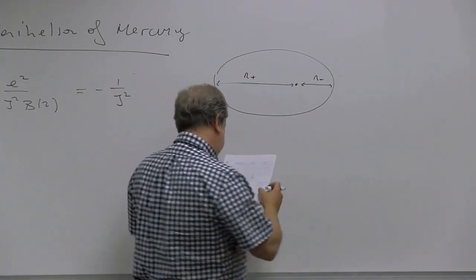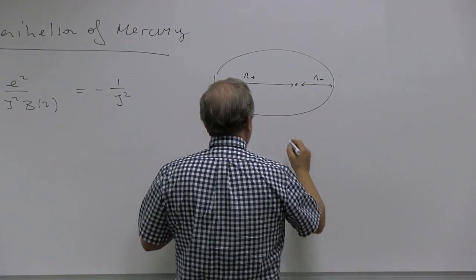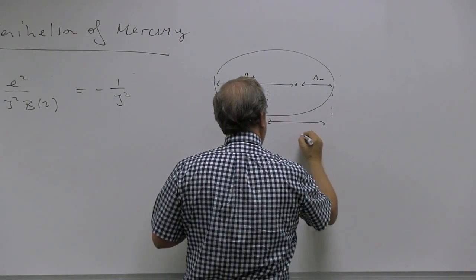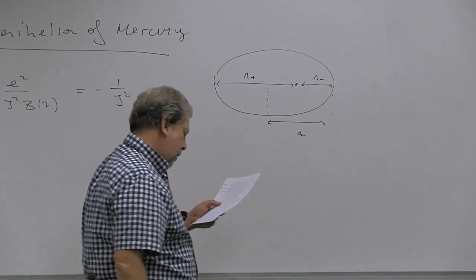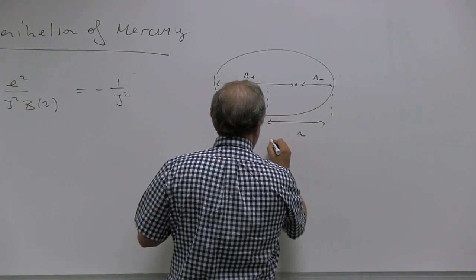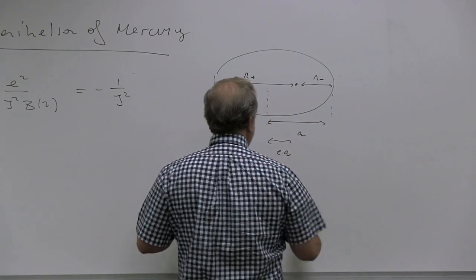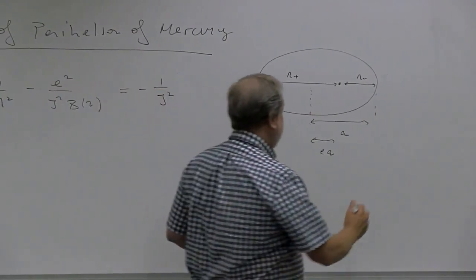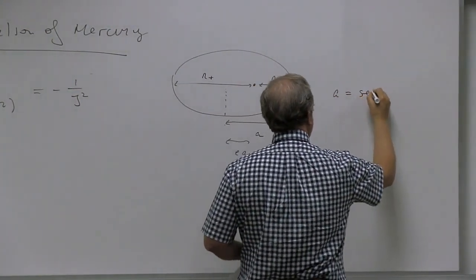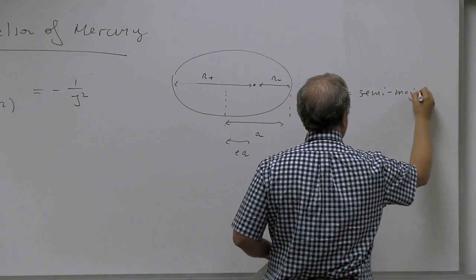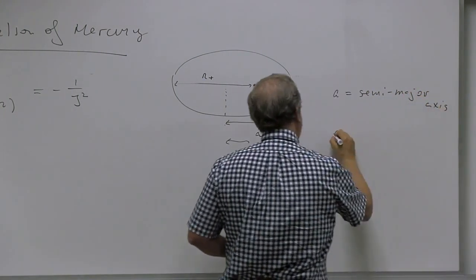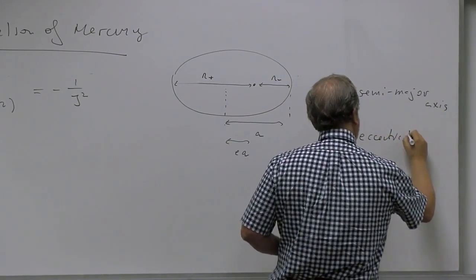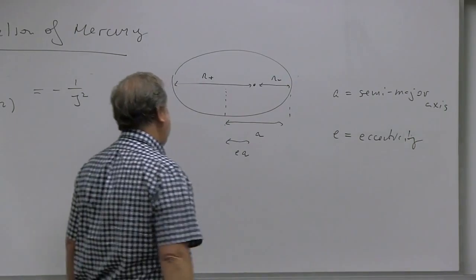And then this distance from the center to this point here is called A, and the distance from here to here is called E times A. So A is the semi-major axis, and E is the eccentricity, which tells us how elliptical the orbit is.